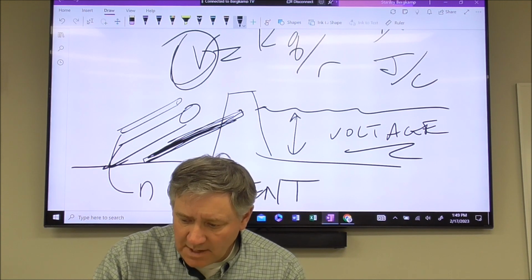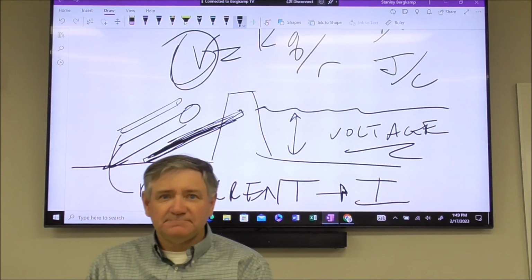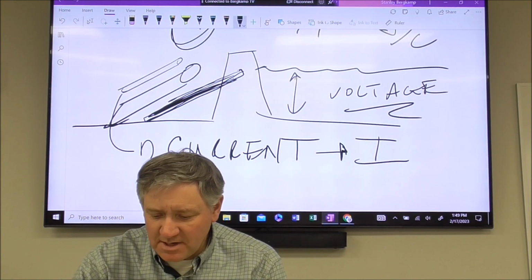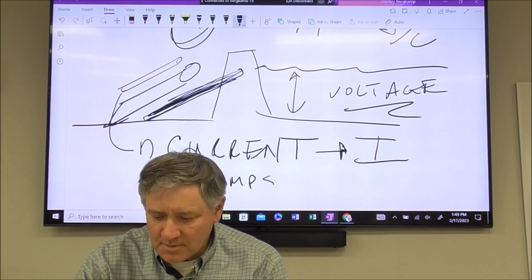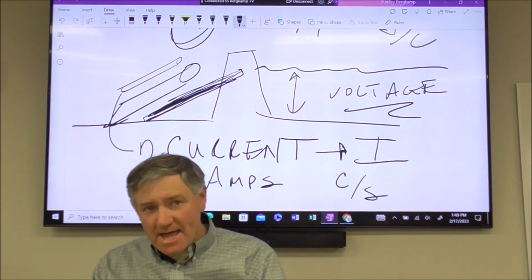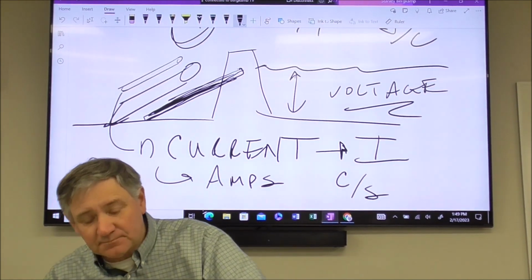And that's shown by the letter I. And that is also measured in amps, which is coulombs per second. So amps is how much charge flows through per unit of time.